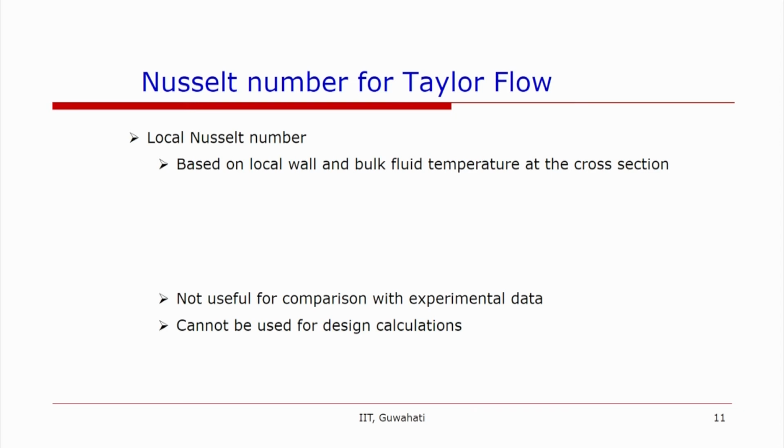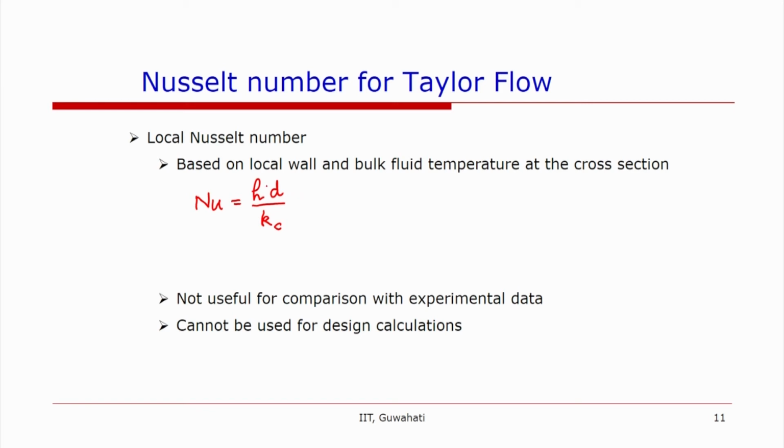We can define a local Nusselt number, Nu is equal to h d over k, and because it is always the continuous phase which is in contact with the wall, k is the thermal conductivity of the continuous phase, h is the heat transfer coefficient, and d is the diameter of the channel.